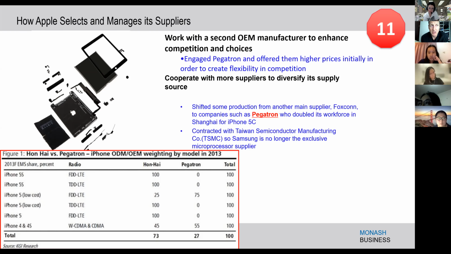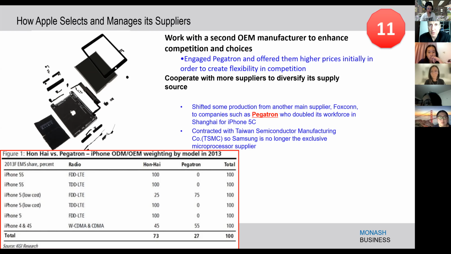They went to Pegatron and said, oh, Pegatron, how much to make this iPhone 5C? How much to make the iPad Mini 4? And Pegatron gave a quote to Apple. Also, they got Foxconn to give the same quotes. So guess which one provided the higher price, Pegatron or Foxconn?